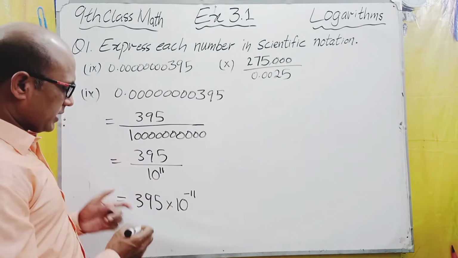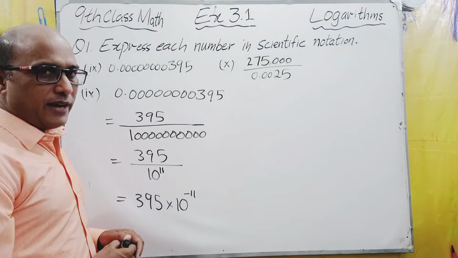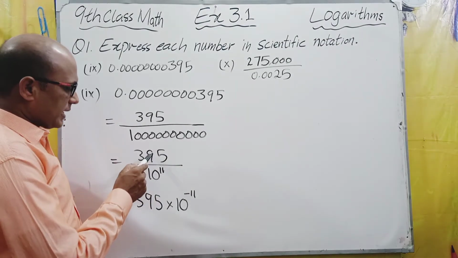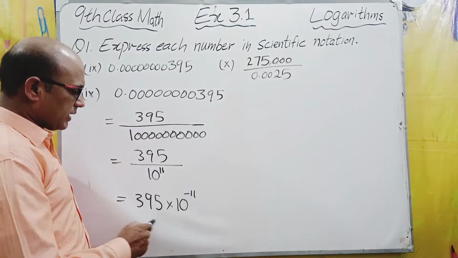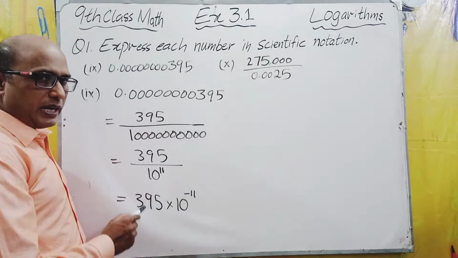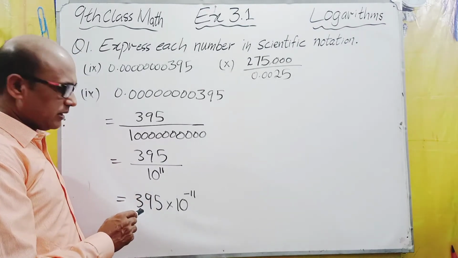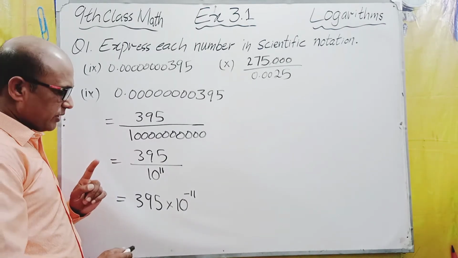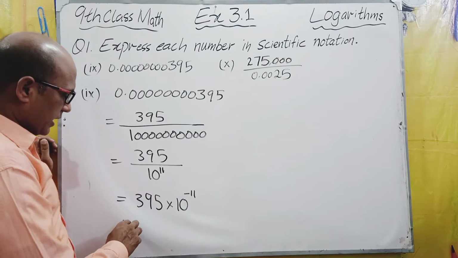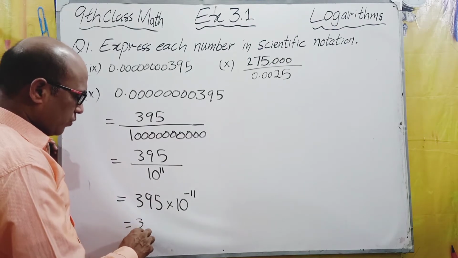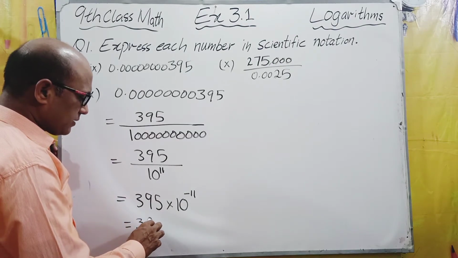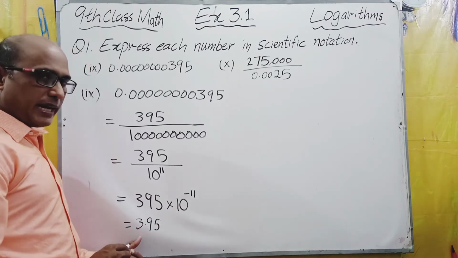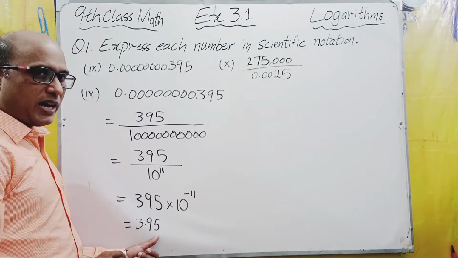And students, you have to remember one thing. In the number in the numerator, we have to put the decimal from the left hand side after one digit. So after 3 we will write a point and it will become 3.95.